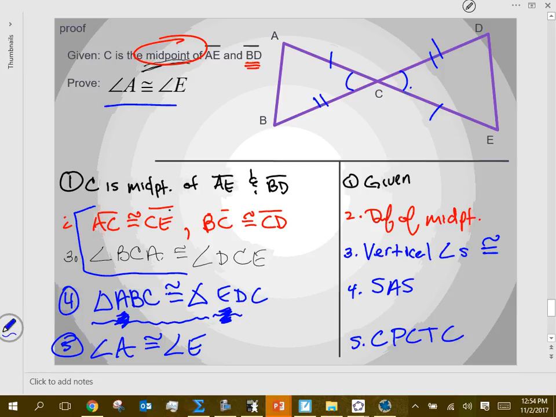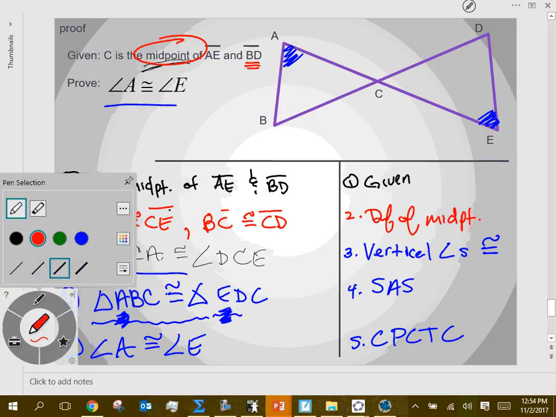Okay? Now, here's where this is going to go. This is where this is leading to in other sections. Now that I know these two triangles are congruent, and now I know that angle A is congruent to angle E, and you don't need to write this down, but if angle A is the same thing as angle E, what eventually could you tell me about that segment compared to that segment?